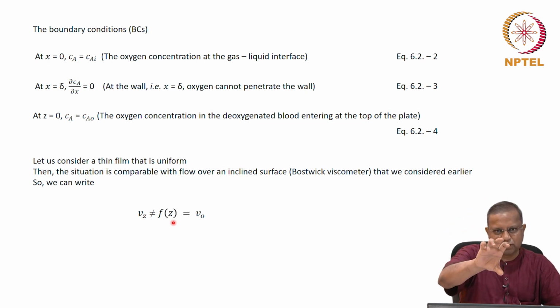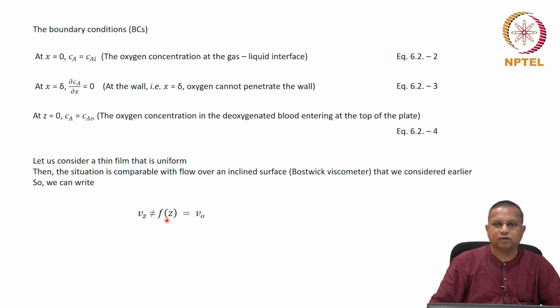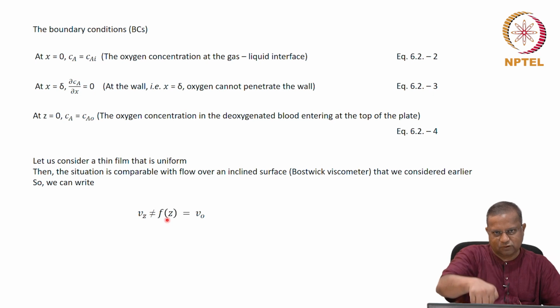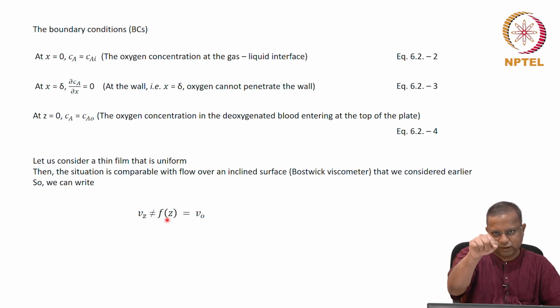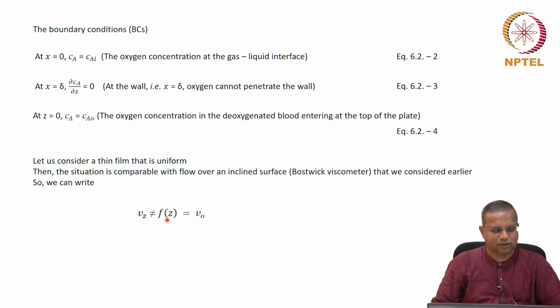So somewhere in the middle where the flow has stabilized, the flow is well developed now, so that you can use this condition. Vz is not a function of z. Vz does not depend on z. Of course, it depends on x. In other words, at a particular x, Vz is the same at all z. And let us call it equal to V0.